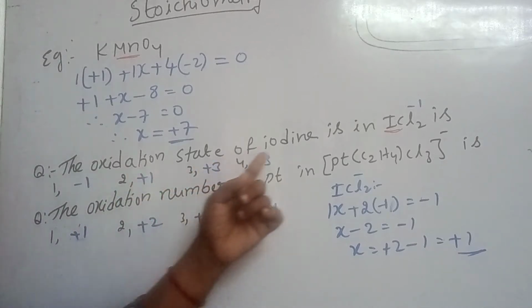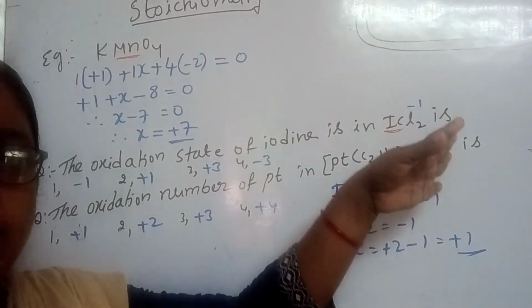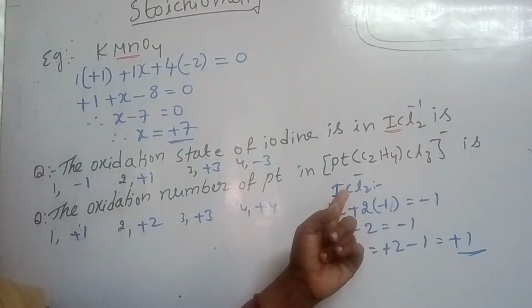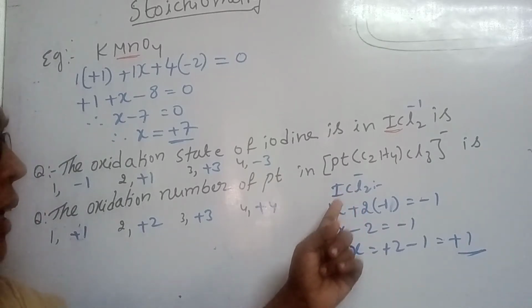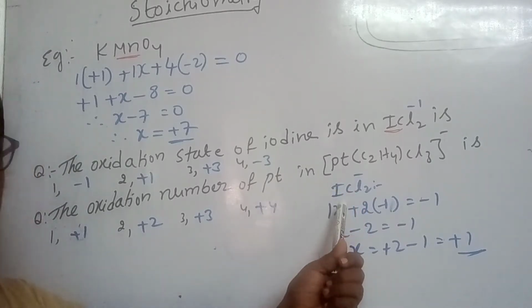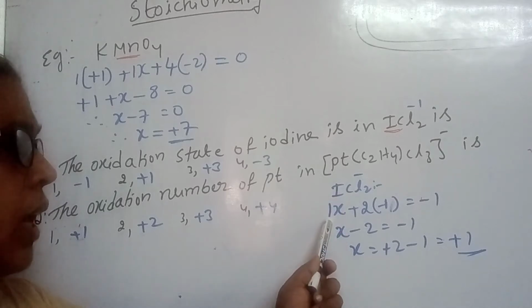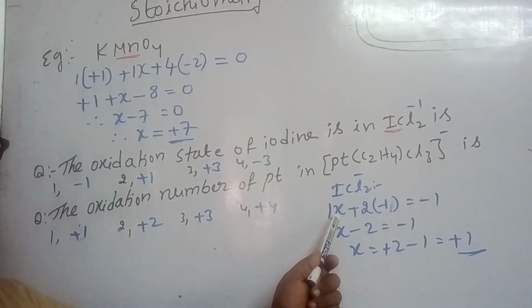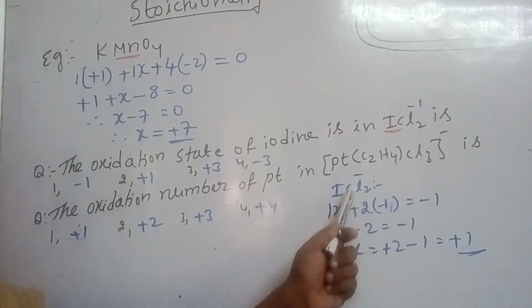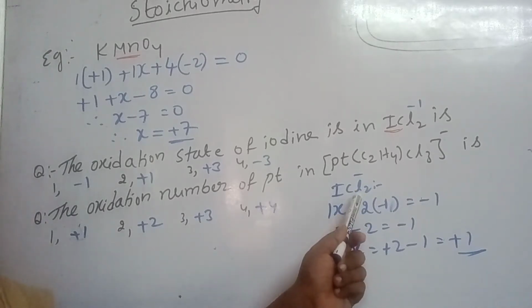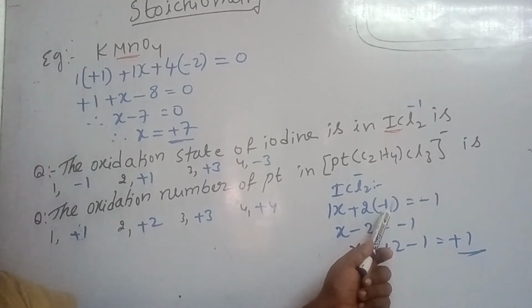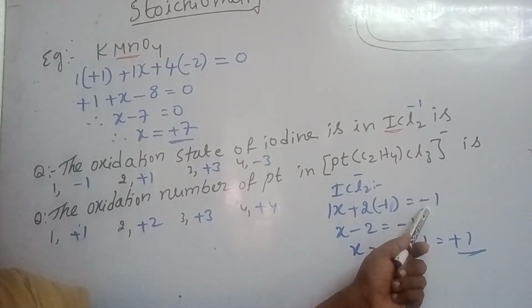See the question: the oxidation state of iodine in ICl2 minus. In this we have to calculate the oxidation state of iodine. The number of iodines is 1. So take x plus how many chlorines are there? 2. The oxidation state of chlorine is generally -1, and the net charge is -1.